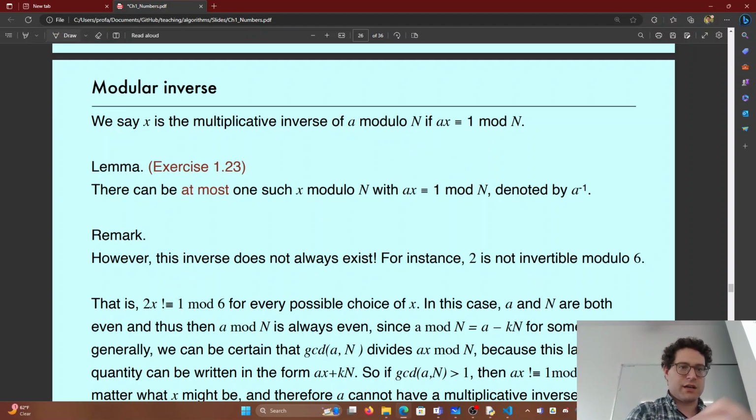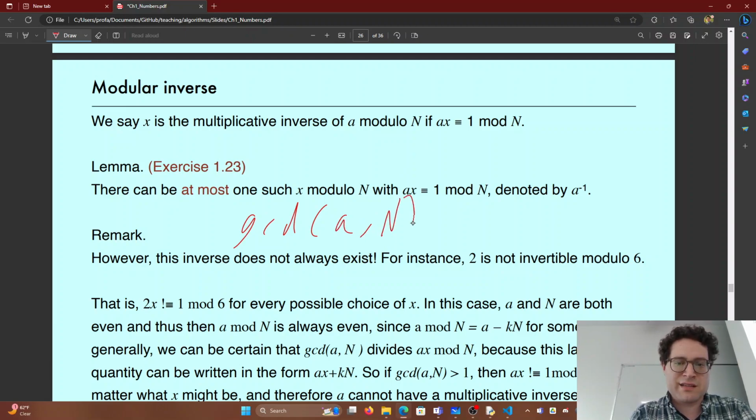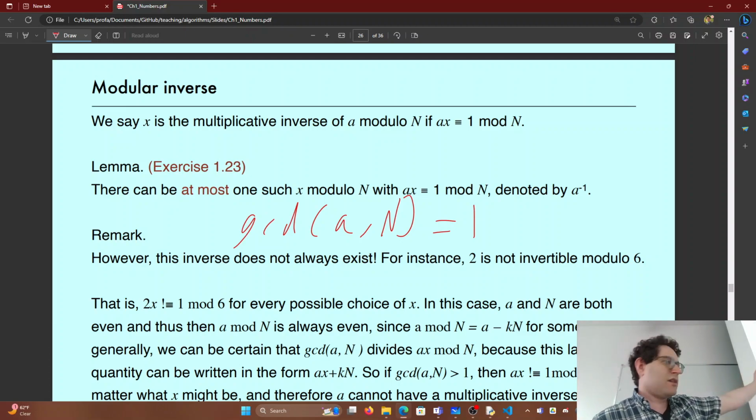In fact, the modular inverse of some number A only exists if the GCD of A and n is equal to 1. That's the only way a modular inverse can exist.